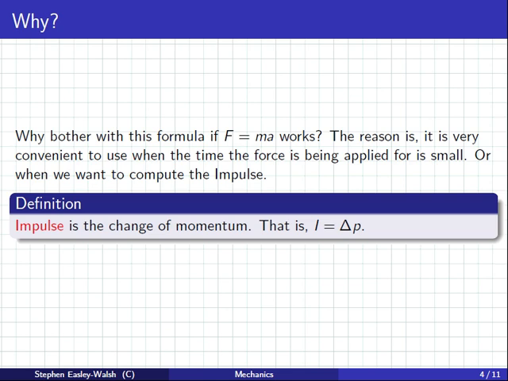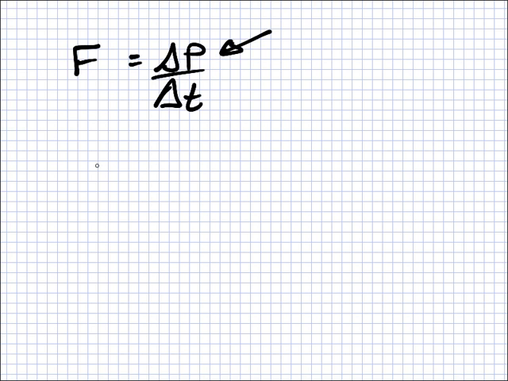Yeah. So let me show you that formula you mentioned, how you can get at it, since you just mentioned it and it's relevant here. So you have the formula F equals delta P over delta T, but we're calling the delta P, we can also call it impulse, which is I, and delta T is just T minus 0.